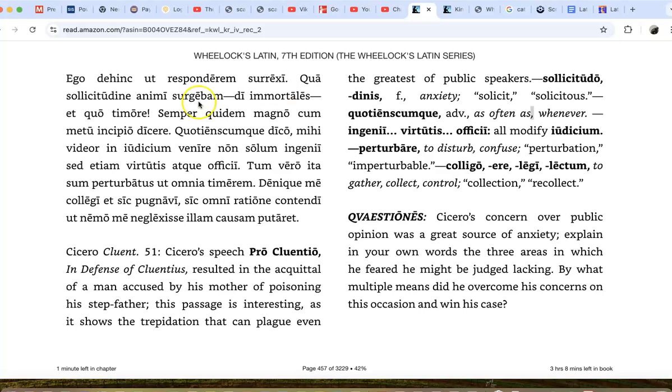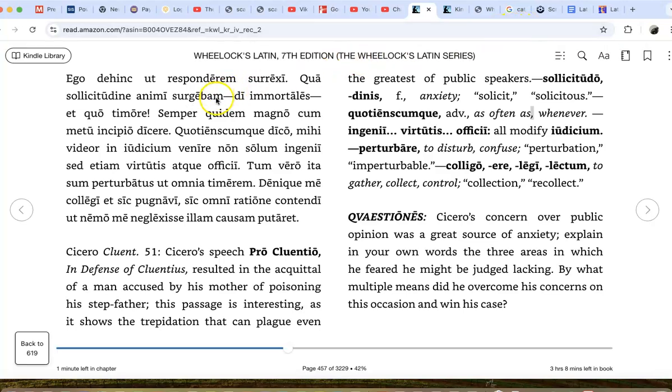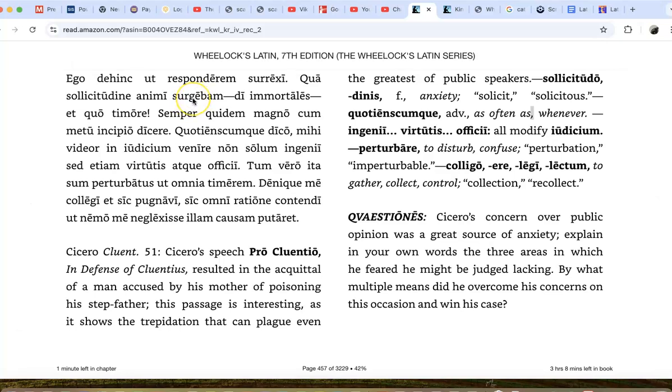And then surgebam means I was getting up, I was rising. So, "with anxiety of the mind, I was getting up." I'm going to go ahead and keep that somewhat literal. It doesn't sound quite as wooden in the Latin, but that's for reasons that we can't really talk about in this format.